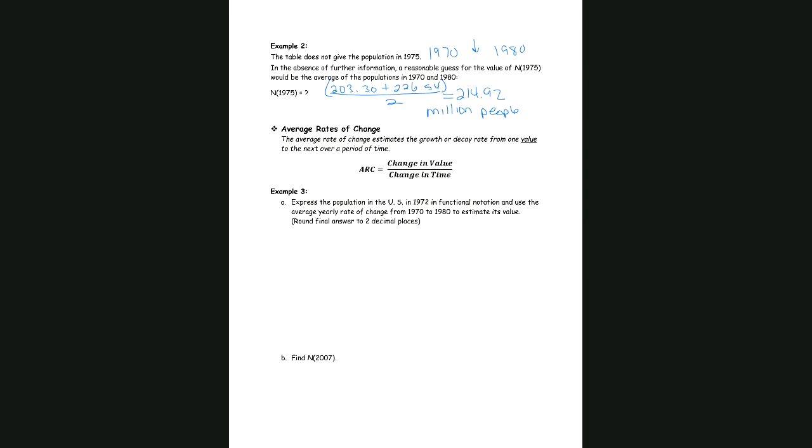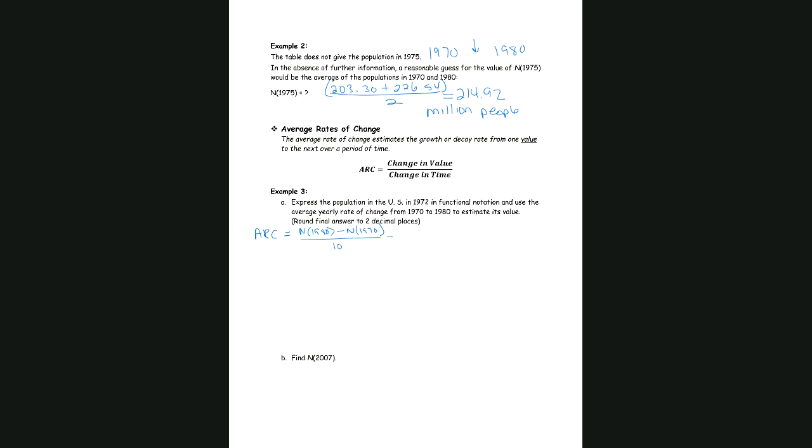So how are we going to do this? The average rate of change is equal to the population in 1980 minus the population in 1970, divided by the number of years between them. There are 10 years.